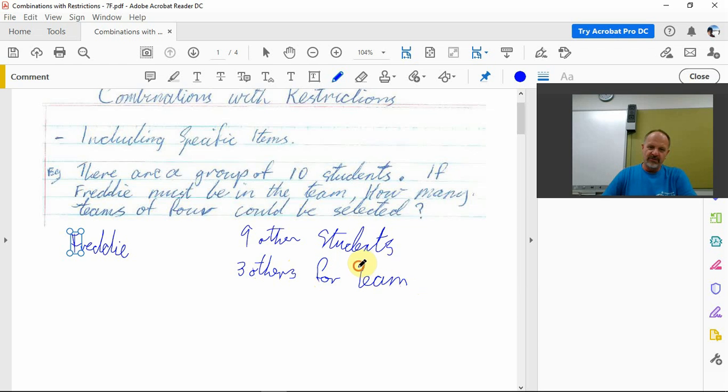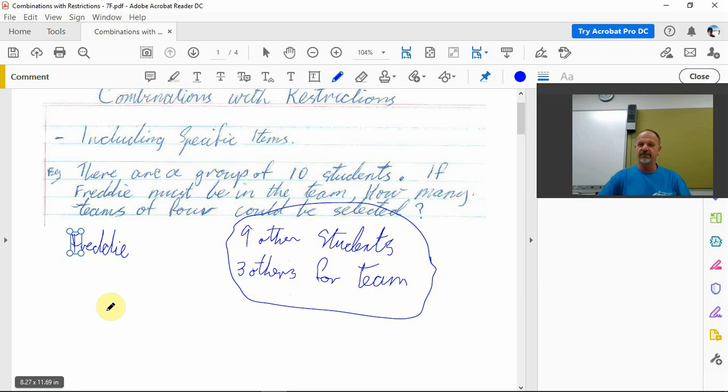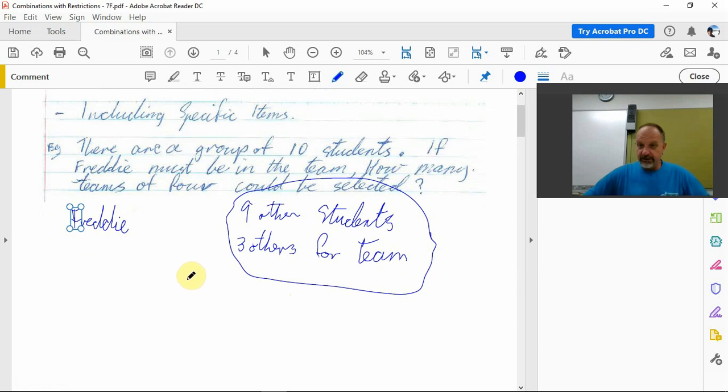So what we've then got in this particular case is we've got 9 students and we're selecting 3 others. And again, order's not important, because if John's in the team, John's in the team. Doesn't matter whether we select him next or we select him last.